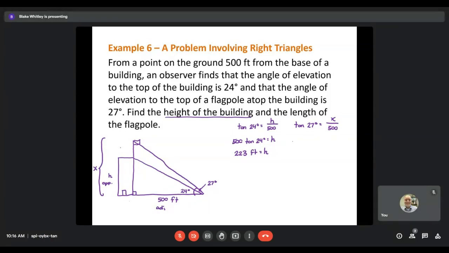Again, we're going to multiply by 500. Tangent of 27, and then if we put that into our calculator, that by itself should just give us about 255 feet.